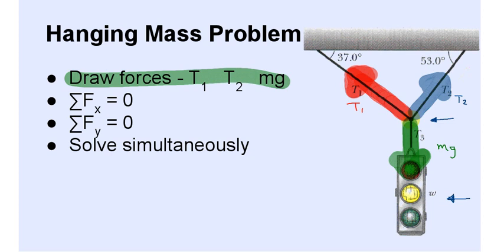The next step is to sum the forces in the x direction, and then sum the forces in the y direction. I've done this on the next screen already, so I'll show you how that works. But as soon as I have those two equations built, then all I have to do is solve simultaneously. It's a really nice, easy way to approach a problem like this.